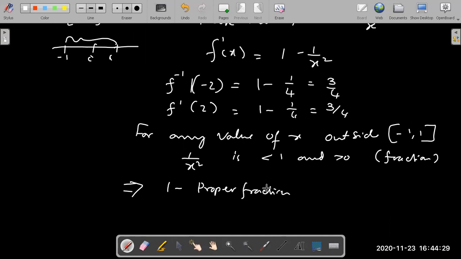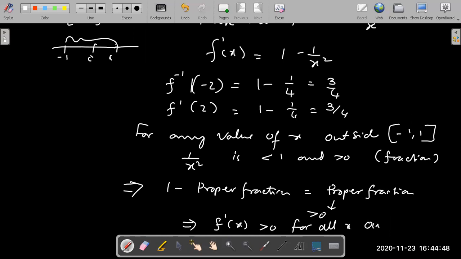Proper fraction meaning numerator is less than the denominator. So 1 minus a proper fraction is greater than 0. So that implies f dash x is greater than 0 for all x outside minus 1 and 1.